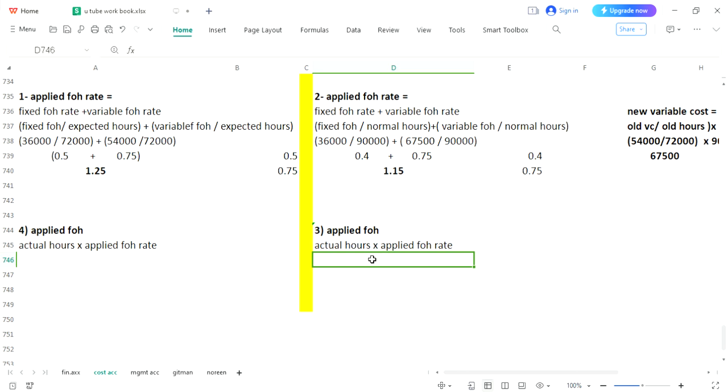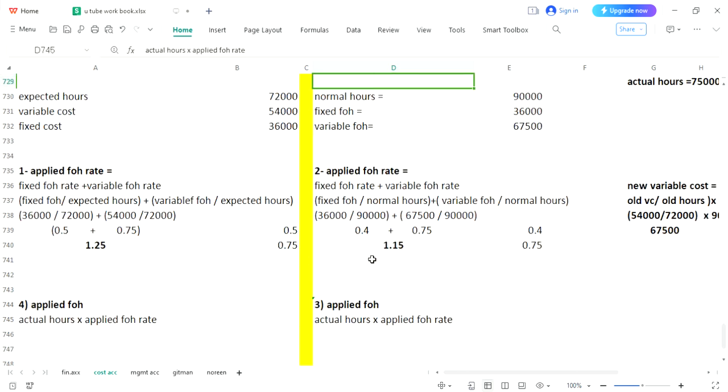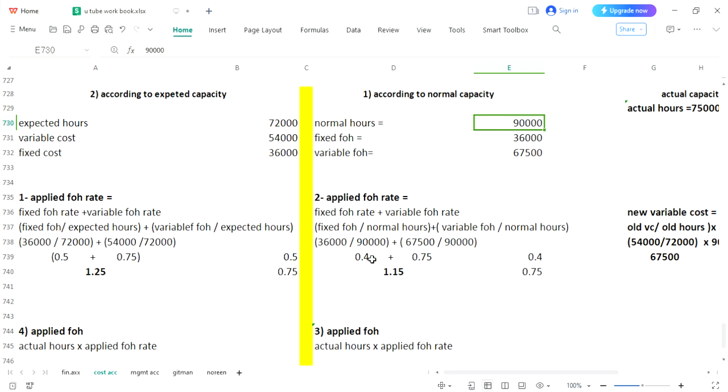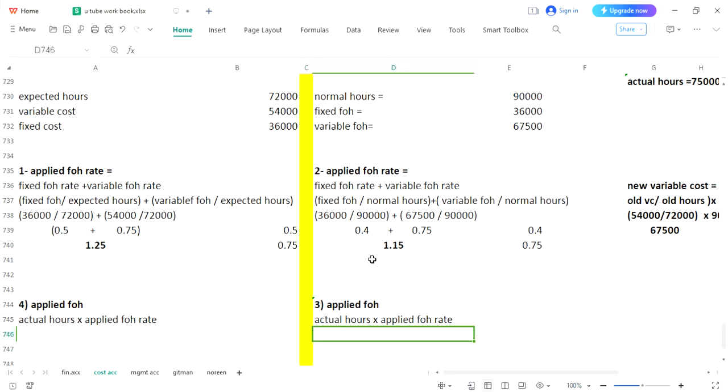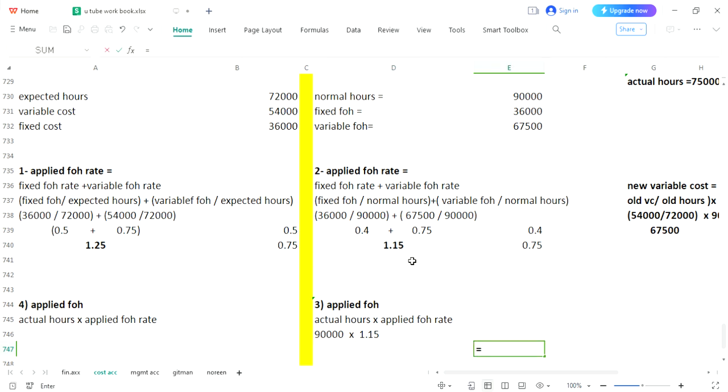Actual hours in normal capacity is already mentioned. Normal hours are 90,000. So we can put 90,000 over here, and it needs to be multiplied by the applied FH rate. Here the applied FH rate was calculated as 1.15, and that's all. We have calculated applied FH, statement completed.